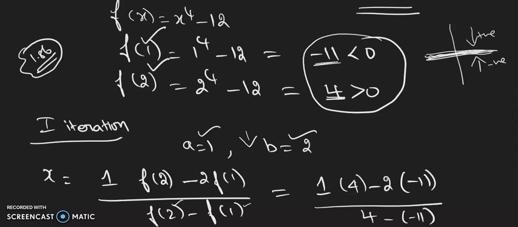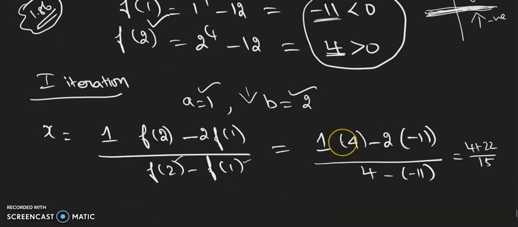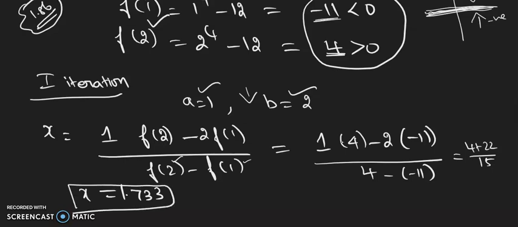First iteration is always easy. The numerator is 4 plus 22, divided by 15, and if you calculate the answer, this is nothing but 1.733. This is your first iteration. Similarly, you have to go for 2 to 3 iterations.